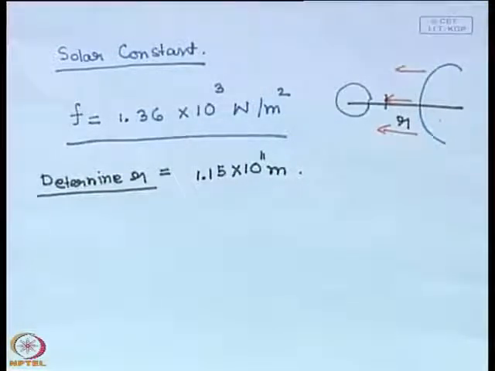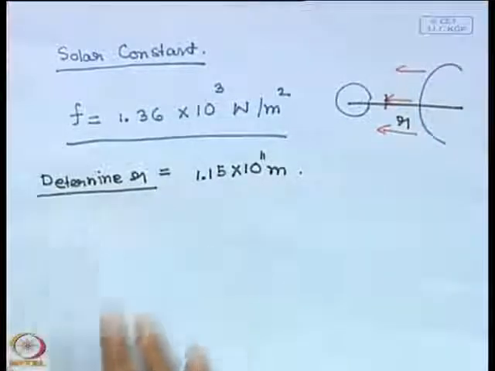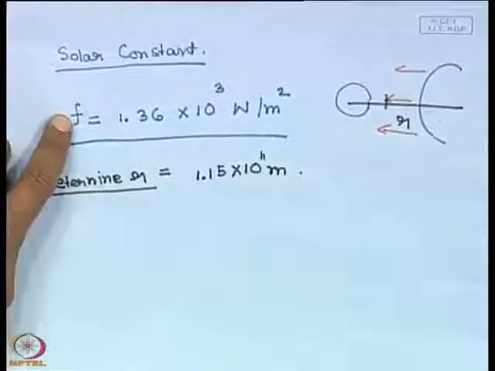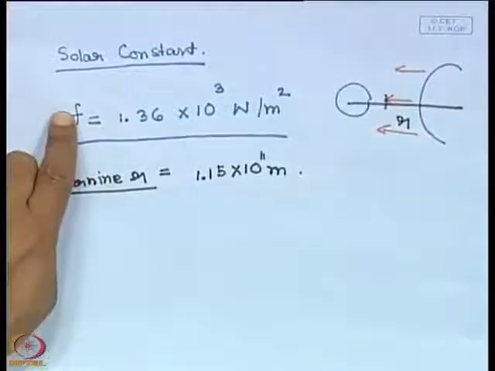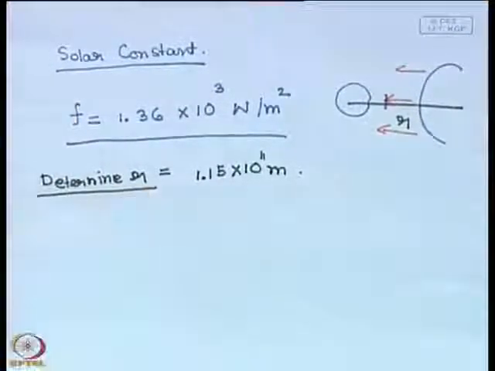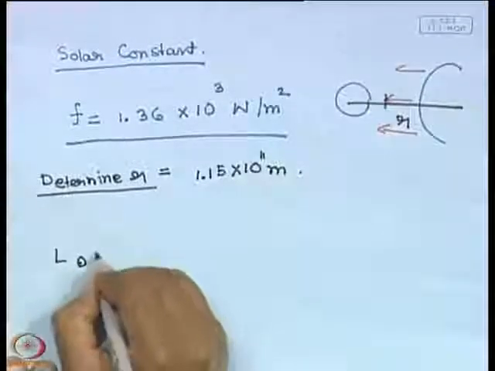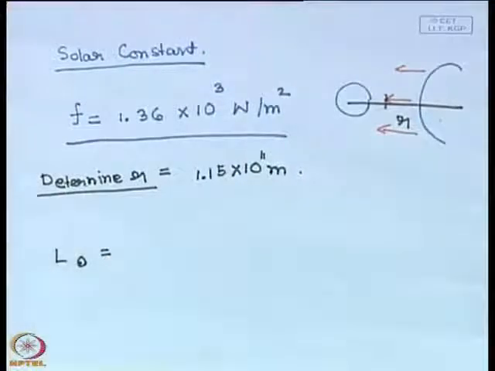So the earth sun distance is also known, and once you know this, you can combine the measured flux and the earth sun distance, and you can determine the luminosity of radiation coming out from the sun. So the solar luminosity L sun is the flux times 4 pi r square.